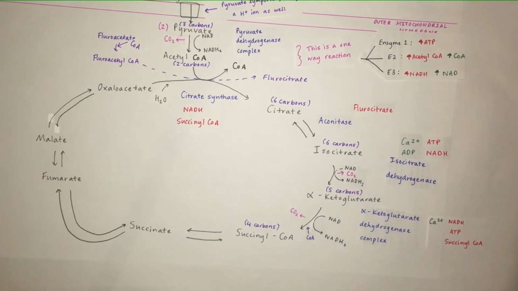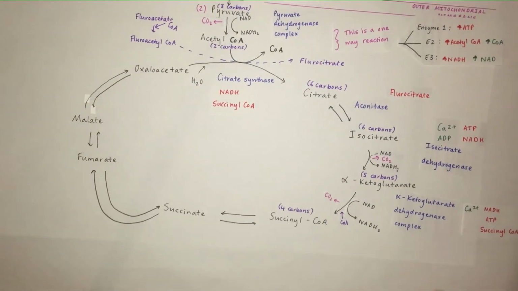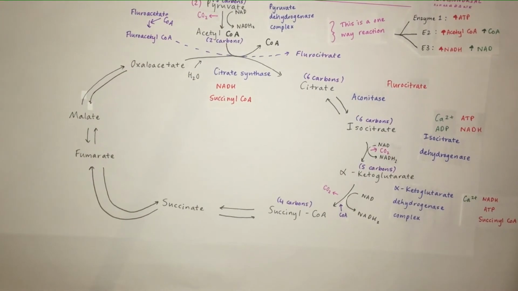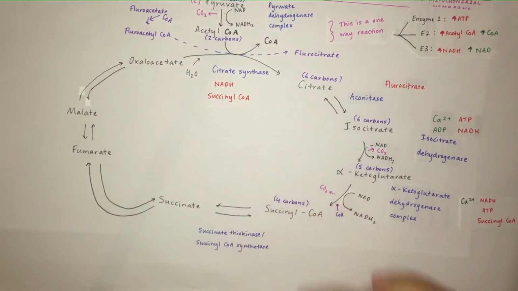Then next up we have succinyl-CoA to succinate. So this requires energy. So the enzyme here is succinate thiokinase, or you may see it written as succinyl-CoA synthetase. In this case, I think it's worth memorizing both because either one could come up in an exam.